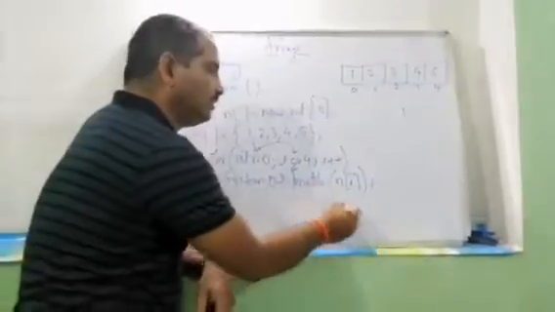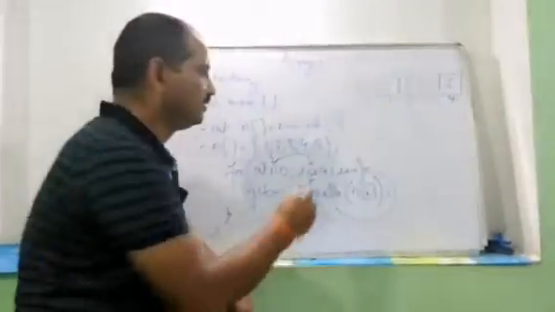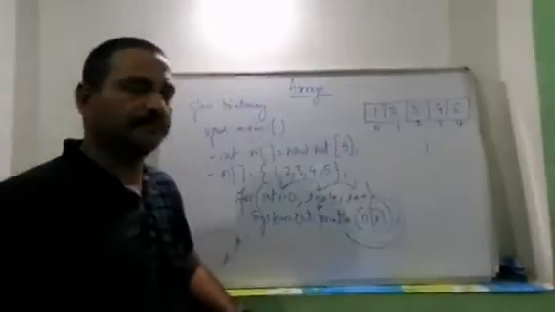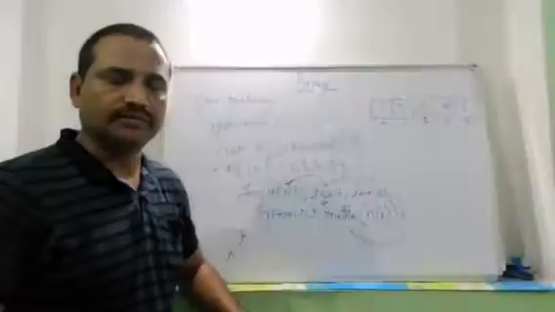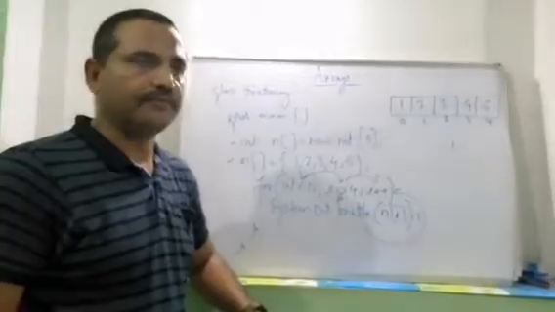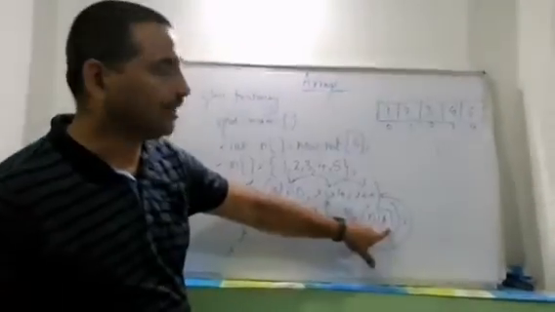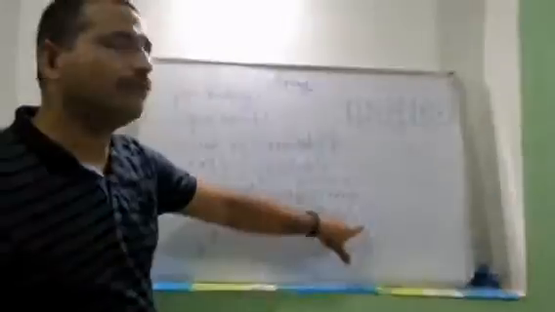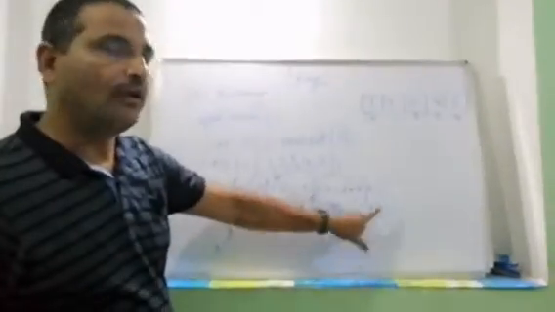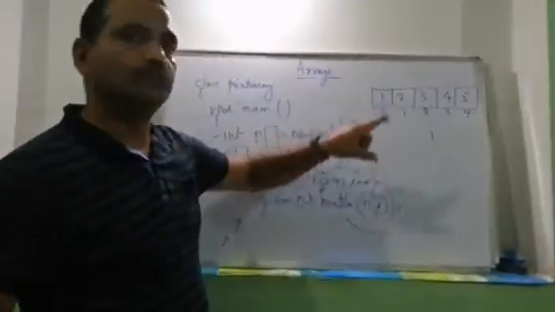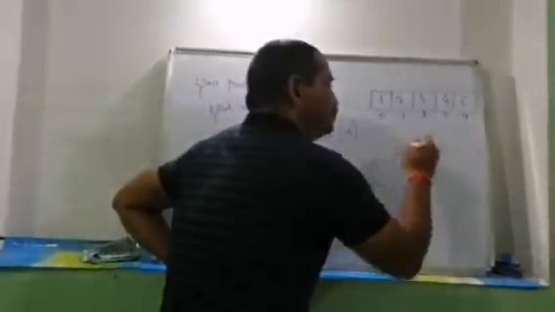After printing the body, control will go to the updation part. The value of i will be 1. Then again it will check the condition: i less than or equal to 4. The condition is true. Again, the body of the loop will execute. n of i. Now the value of i is 1. So n of 1 means on this position, which value is stored? 2. It will print 2.